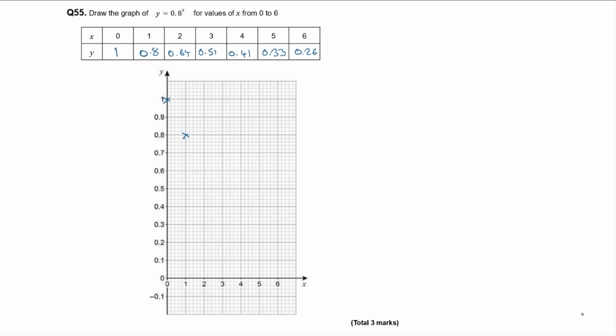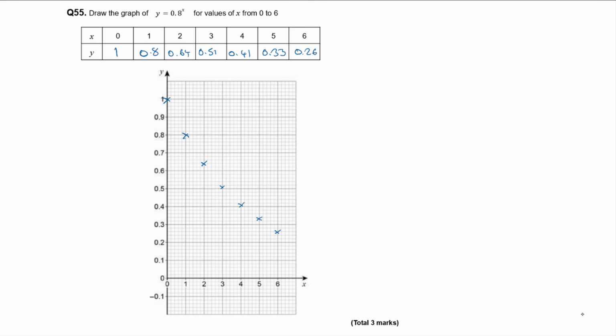So 0.64 is going to be 2 little squares above 0.6. 0.51 is like half a square above 0.5. Then I've got 0.41, which is half a square above 0.4. And then 0.33, which is 1.5 squares above 0.3. And 0.26, that's going to be 3 squares above 0.2, like that.